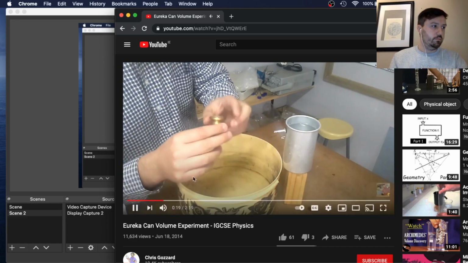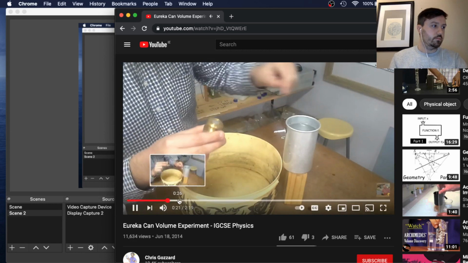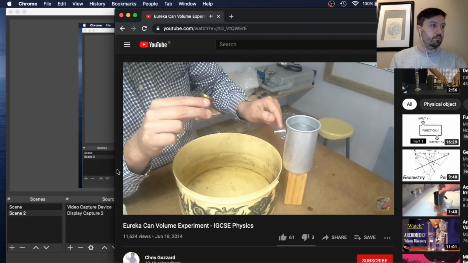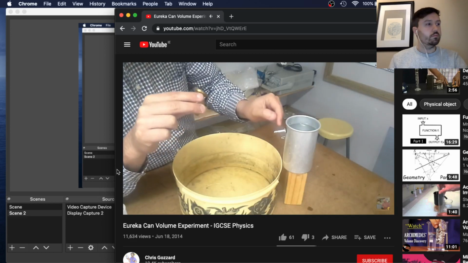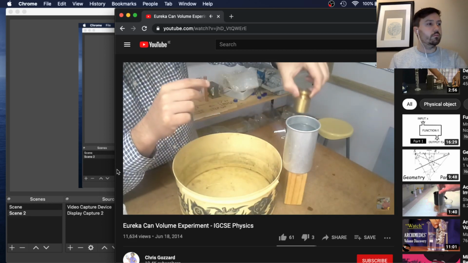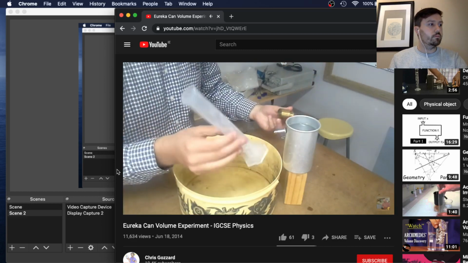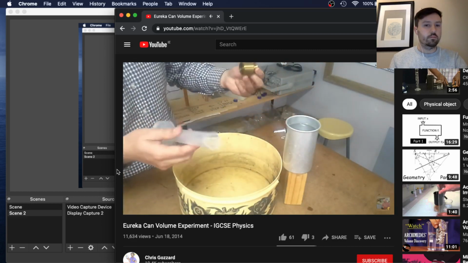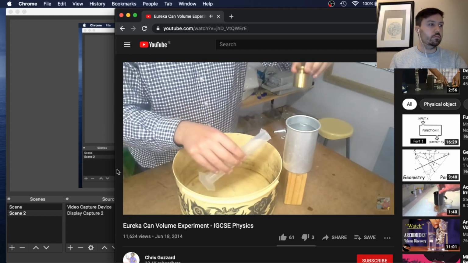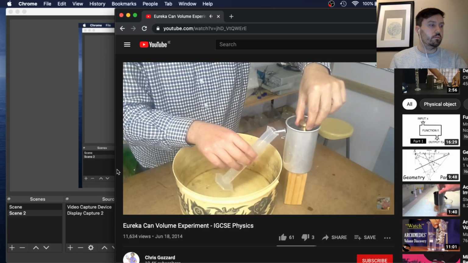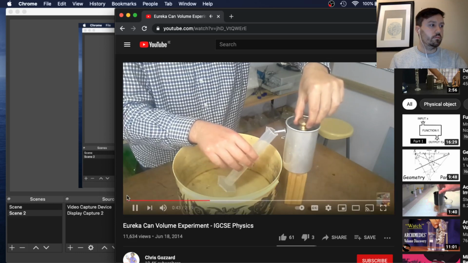So one method you can use is the Eureka can. Now a Eureka can is filled with water, and it's got this little lip here. So as I put the object inside, the water is going to come out. What I can use is I can use a measuring cylinder to capture the water. Now, the volume of the water that gets displaced is going to be equal to the volume.